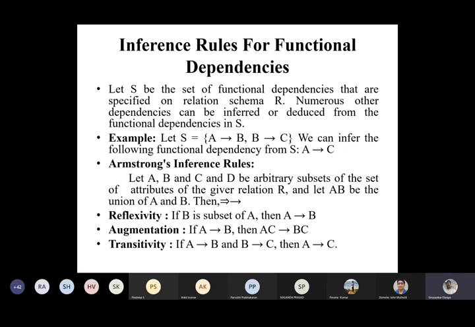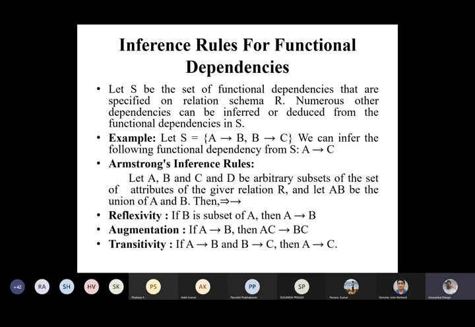So you have a set of attributes A, and B is a subset of A, right? If B is a subset of A, then it means that A determines B can be proved. So it's known as reflexivity property. In the case of augmentation property, if A determines B holds good, then AC determines BC also holds good.